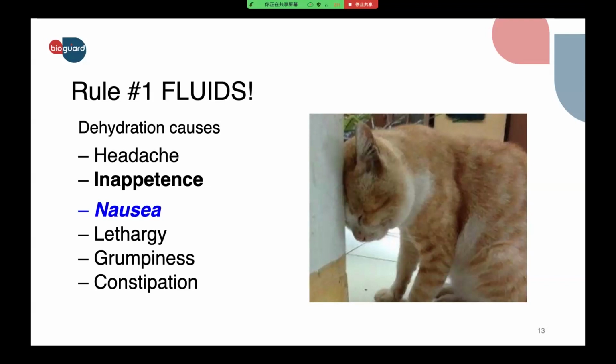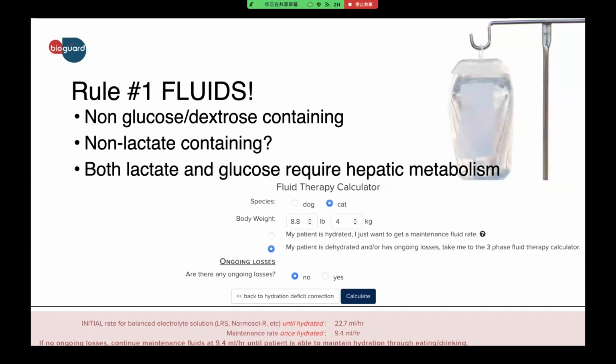So that's a part we always need to let owners know to monitor, and we also need to check if the cat is in a constipated status. What kind of fluid are we going to use for this kind of animal, a liver disease animal?